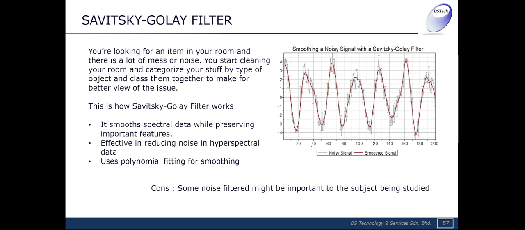I can give you a good example of this. For example, say you're studying a food sample, and one is a bit wet and one is not too wet, but this water actually gives out a good structure of the food.